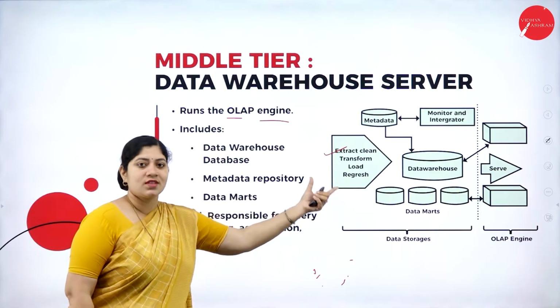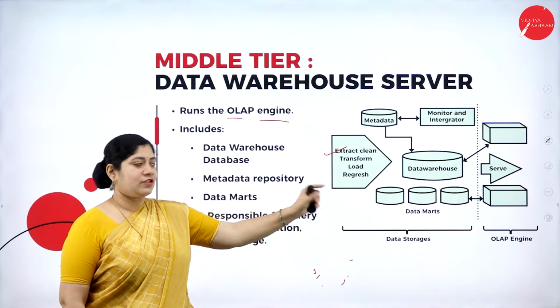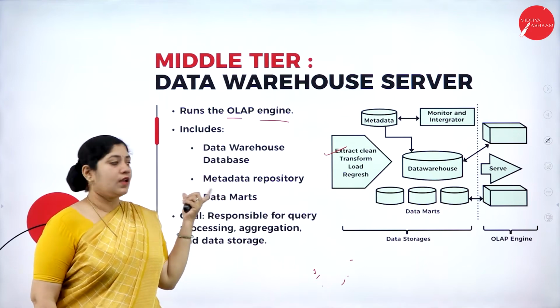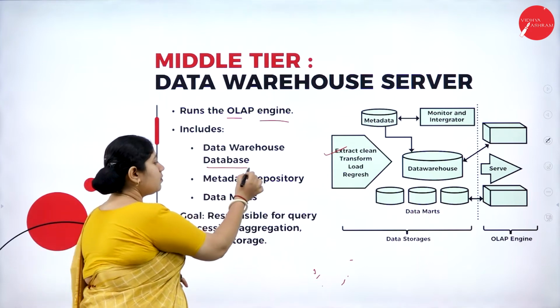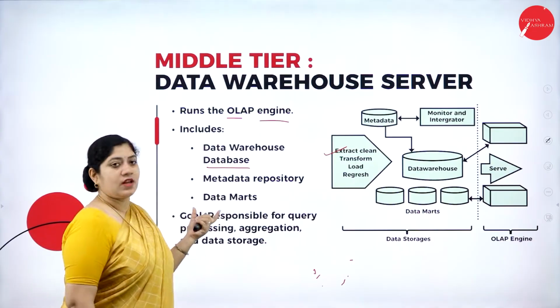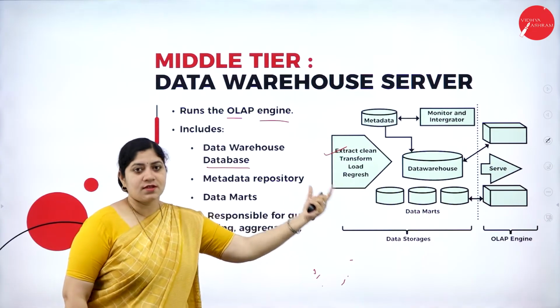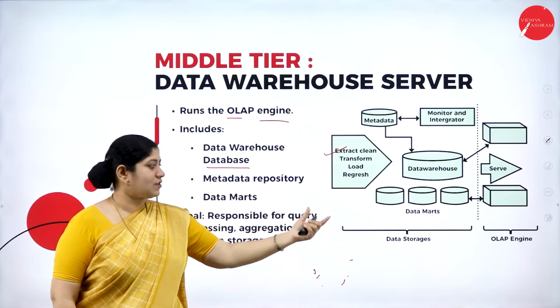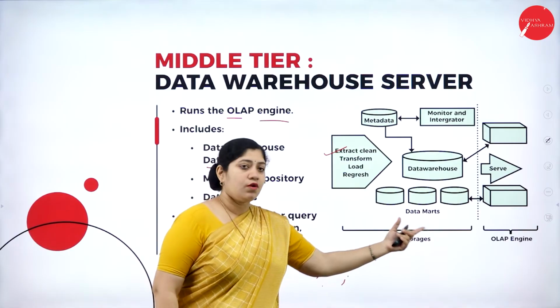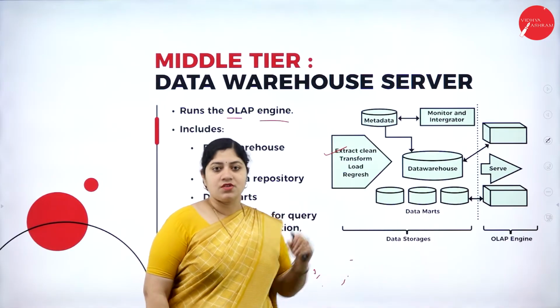So this will run that OLAP engine, followed by the middle tier, which includes the data warehouse database, then the metadata repository, as well as various data marts. What are those various data marts? Altogether, this part is called data storage, followed by the OLAP engine.